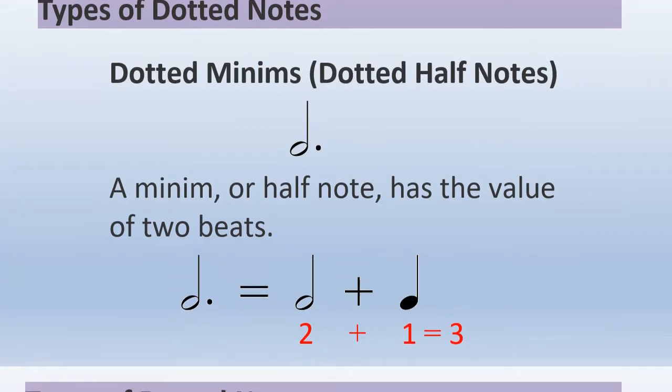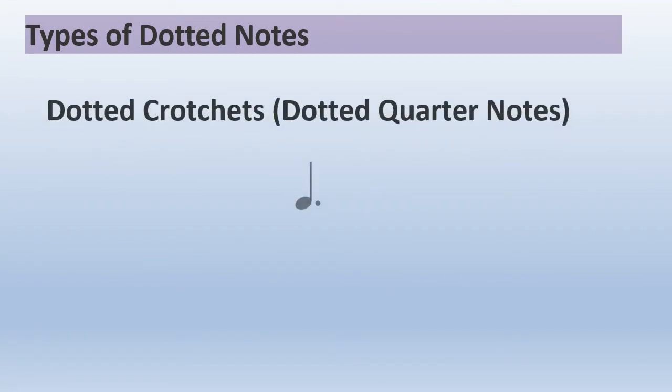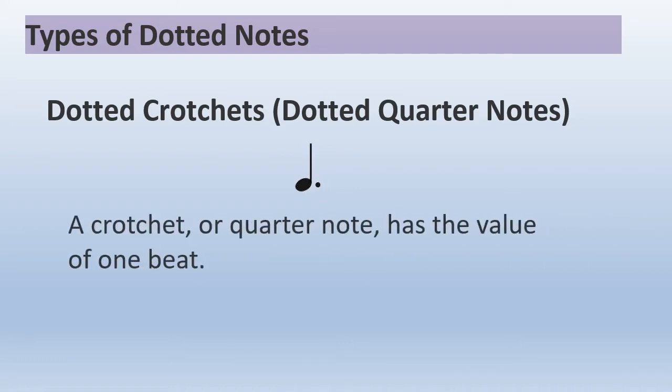Now let's go to the third one, which is the dotted crotchet, also called the dotted quarter note. The crotchet, which is a quarter note, has the value of 1 beat.